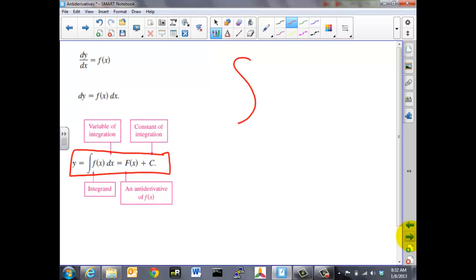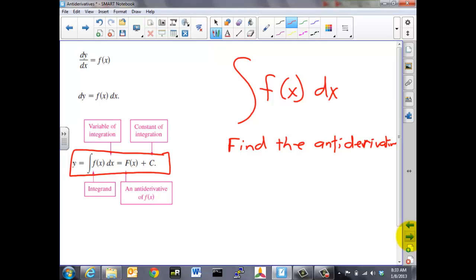If I say to integrate f of x dx, what this means is find the antiderivative of f with respect to x.